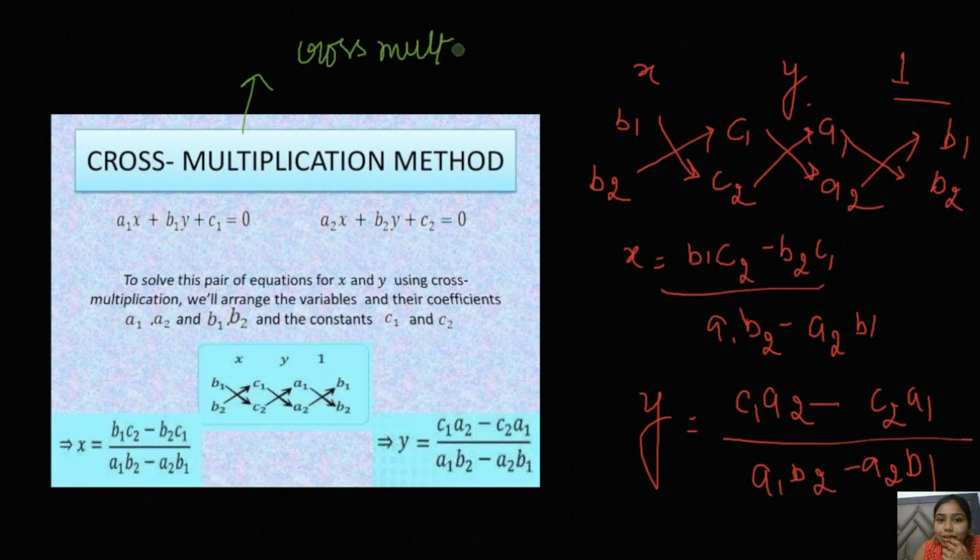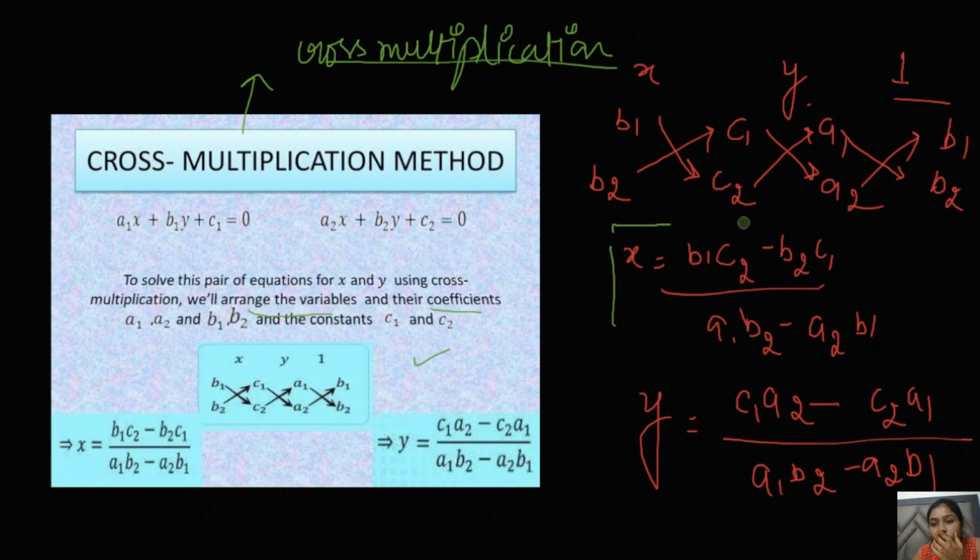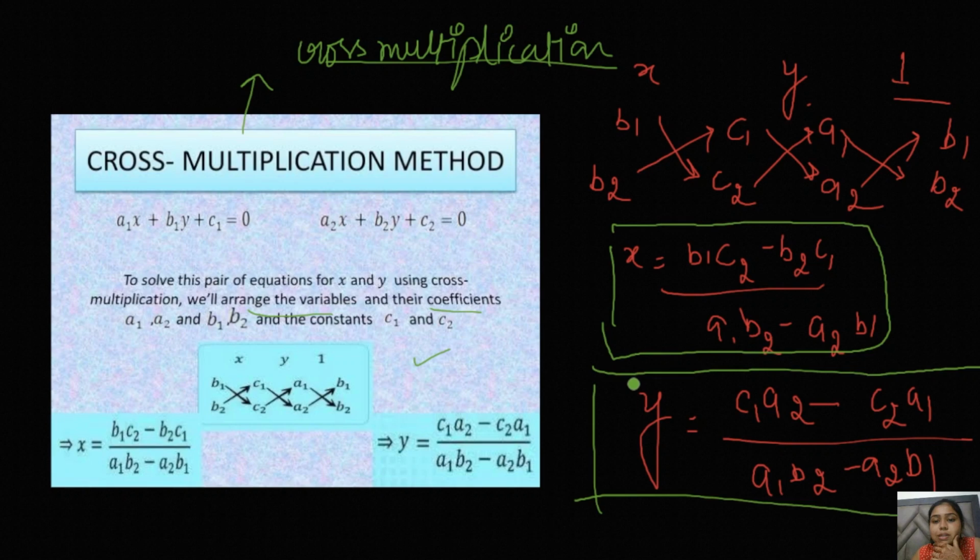You can just cross multiply the two terms and you will get the values of x and y. You just have to arrange the variables and coefficients like this. This is not a formula, we are getting these terms by cross multiplying them, so you will easily get the answer.